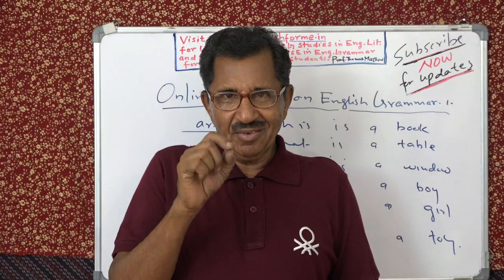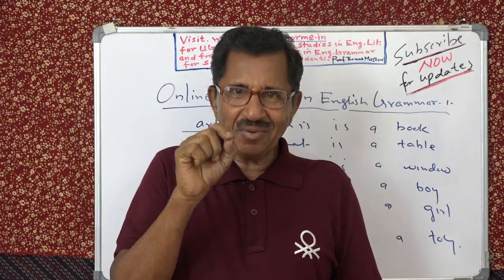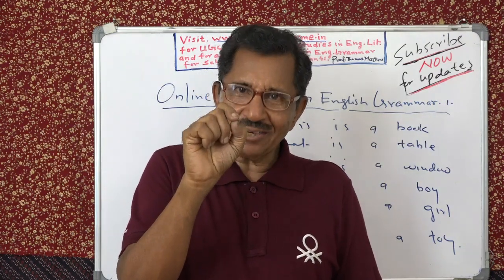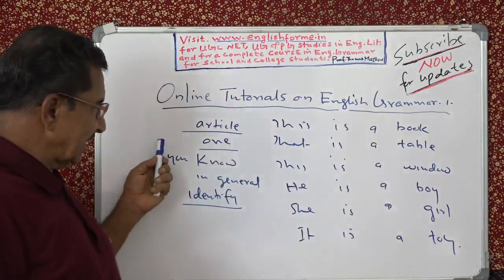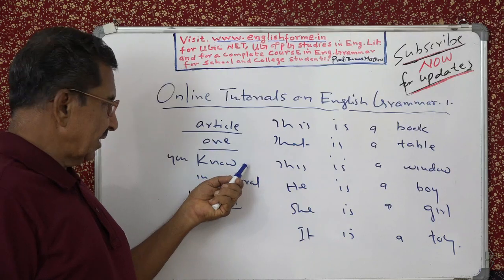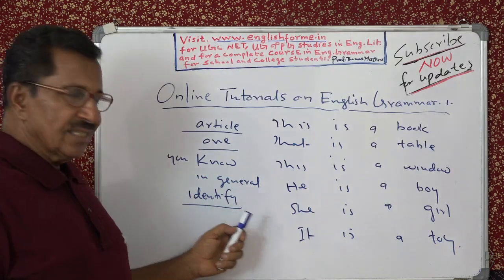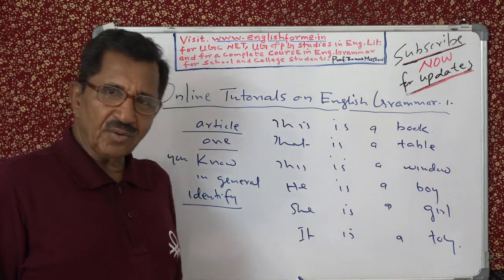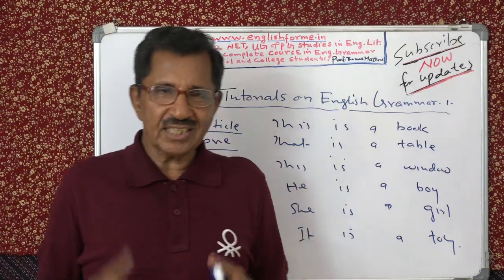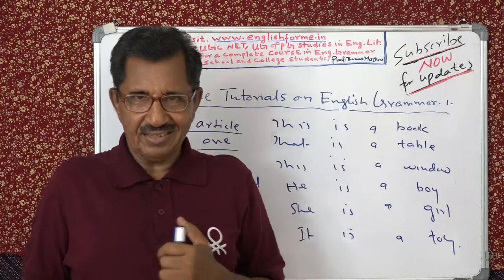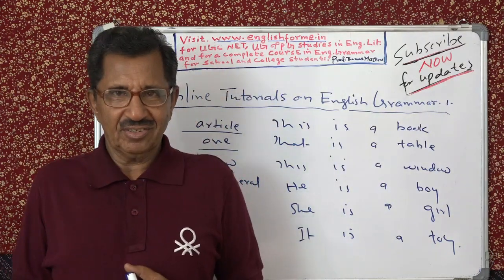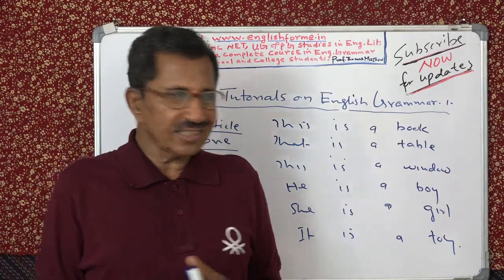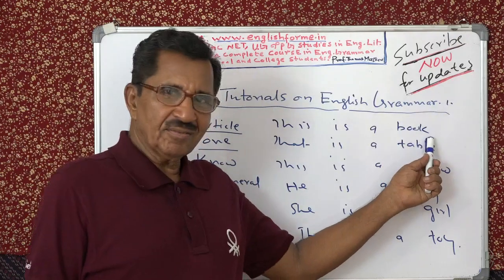Today we are only thinking about this one letter word. What is it? It is an article. It means one. It tells you something that we know in general. That's all, only three things. And this is a must in English. What is this?